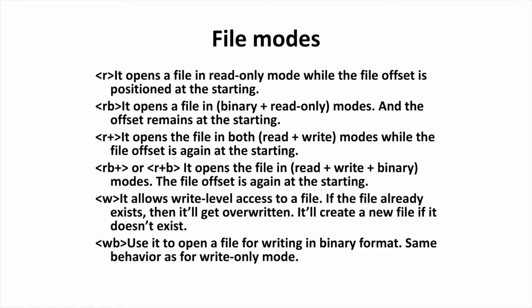So, here you can see various modes in which files can be opened. First, r opens a file in read only mode while the file offset is positioned at the starting.